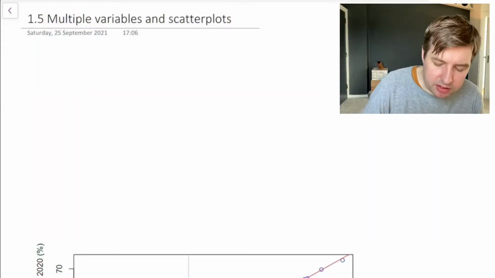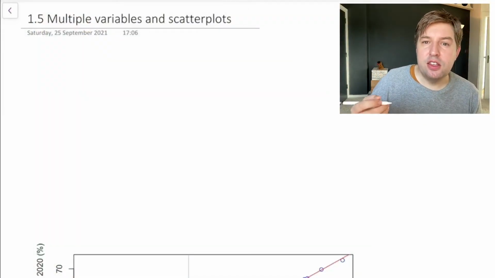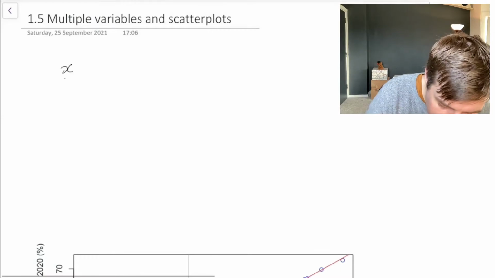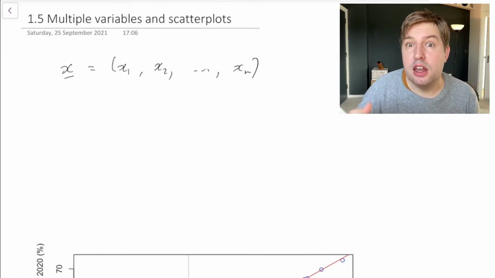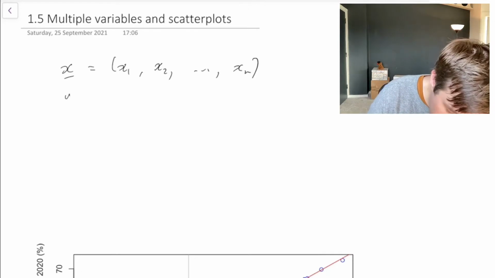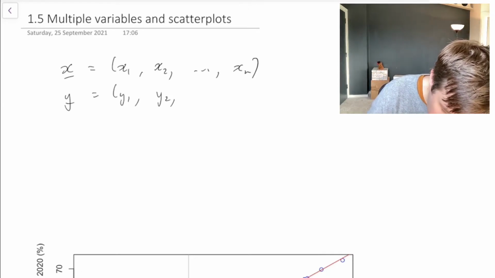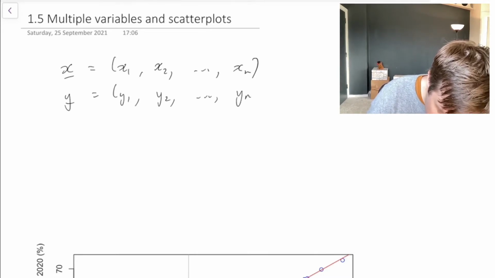So we can think of this like this. Instead of having a single variable, x, being x1, x2 up to xn, we've also collected another variable, y equals y1, y2 up to yn.